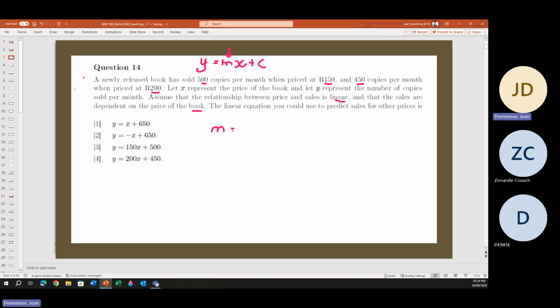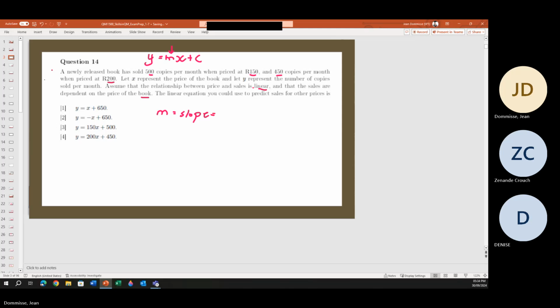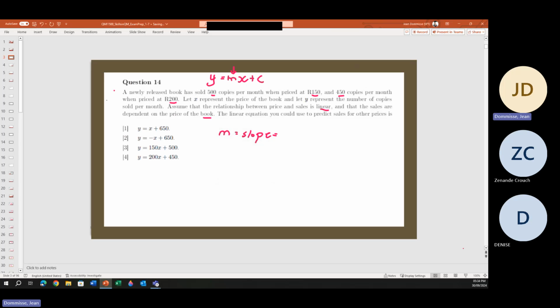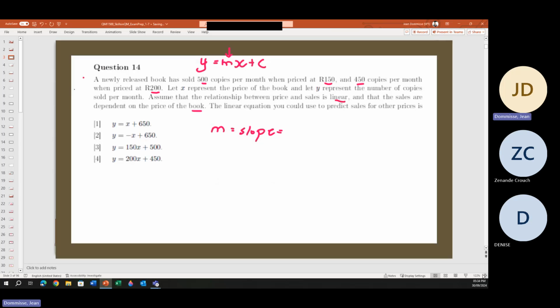How we work out the slope is by looking at the difference in your two y points divided by the difference in your two x points.